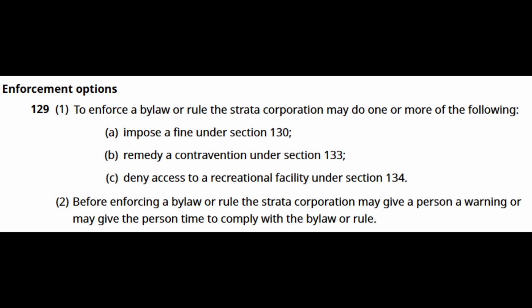The options for enforcement are: fine, remedy the issue and impose the cost back to the owner or tenant that has caused the violation, and then the other option is to deny access to a recreational facility. If your strata corporation has a pool or a hot tub or a gym, then they could potentially deny your access.